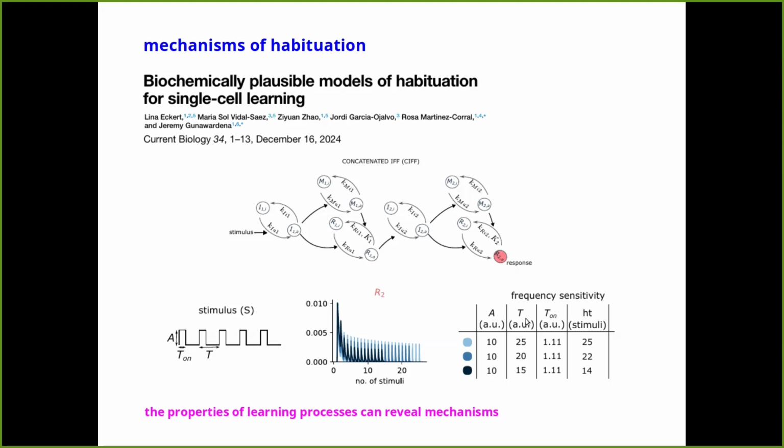So one of the things that I would extract from this work, which is very relevant to the next step, which is, can we actually see this going on inside a cell biochemically, is that the properties of learning processes like frequency sensitivity are actually informative about mechanism. Because if you want something that is going to be frequency sensitive, it's no good looking for a single incoherent feed-forward loop.